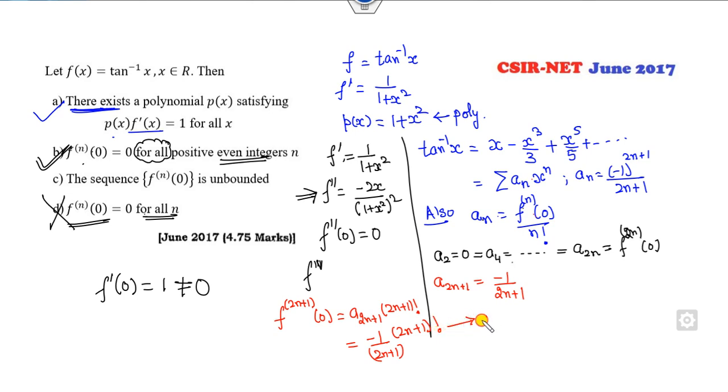Clearly it goes to infinity because the factorial has a higher power. So what is the meaning of that? This is an unbounded sequence. Your target is to formulate a sequence of this which is unbounded. Why did I consider only the odd power? Because at even power it is a 0 value, and at odd power it has some value, even power has 0 value, and so on. So that means the odd ones give the unbounded sequence. This is the correct option. A, B, and C are my correct answers.